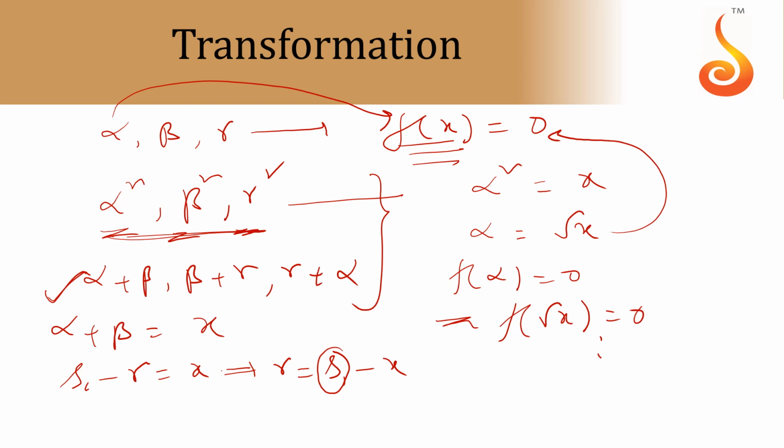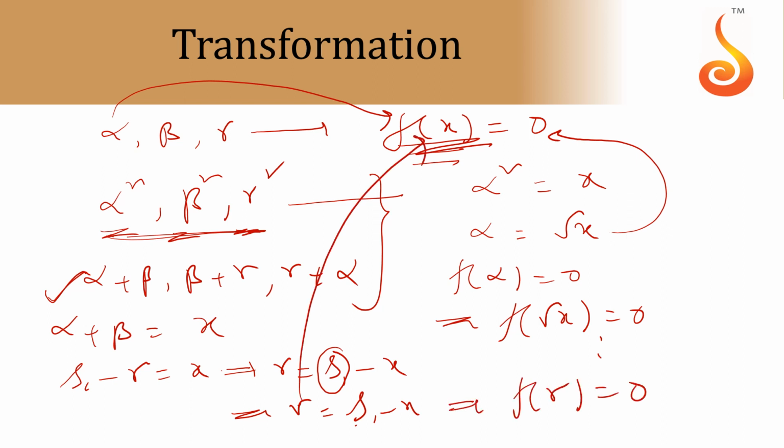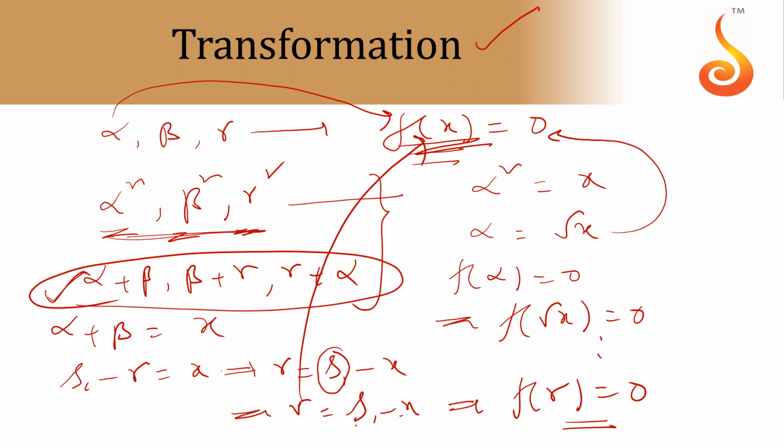This s1 you can get from the given equation. So gamma will be this s1 minus x, and gamma is a root of f of x. So f of gamma must be equal to 0. So f of s1 minus x equal to 0. If you simplify, you will get the required equation whose roots are this. So when the given roots are symmetric, you can use this transformation technique.